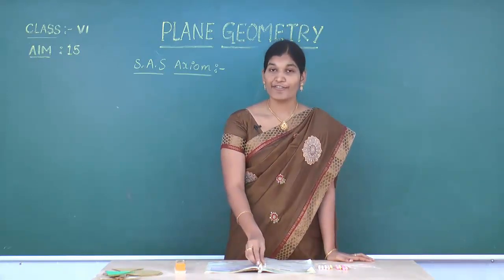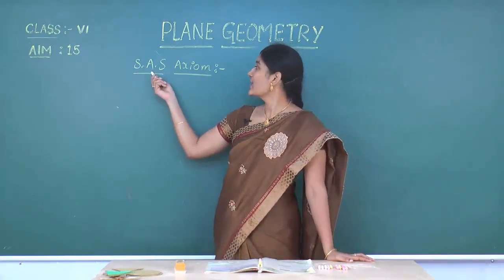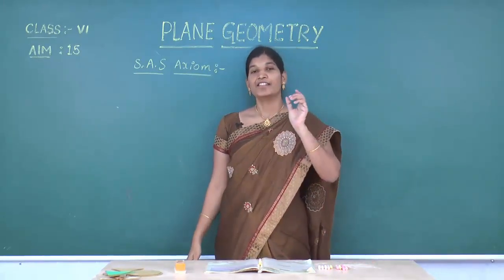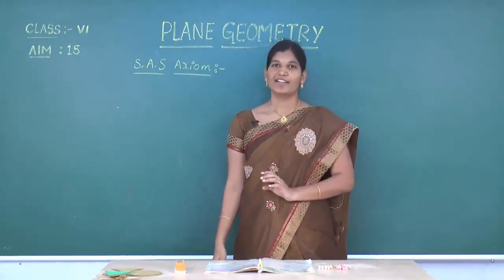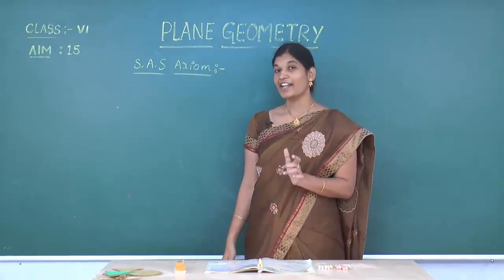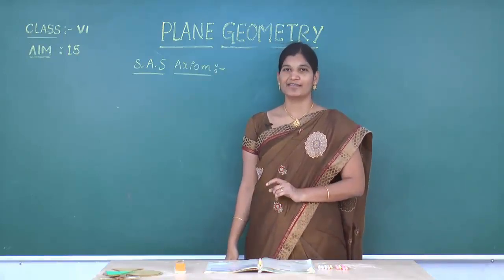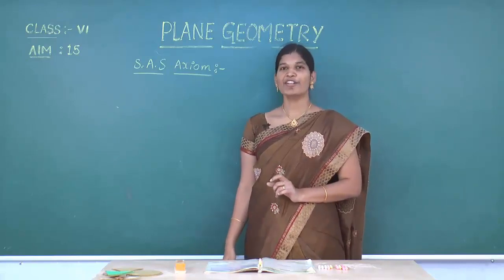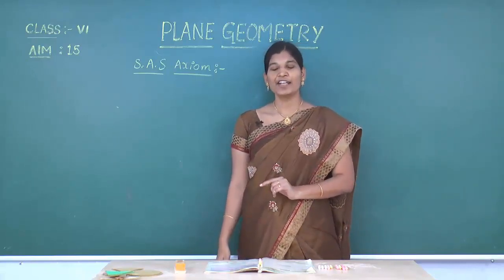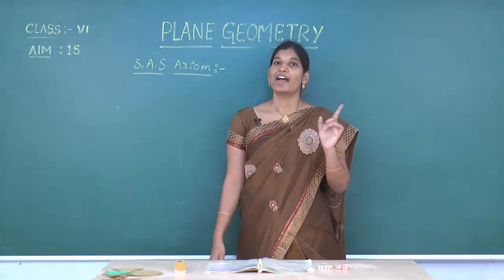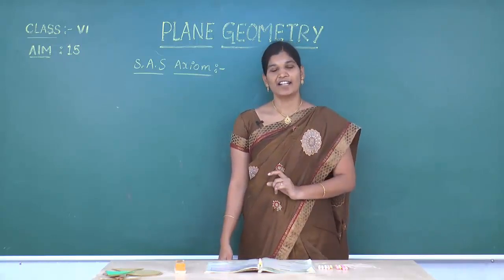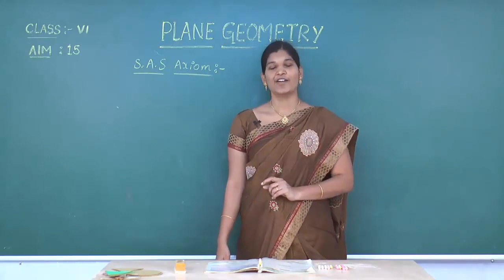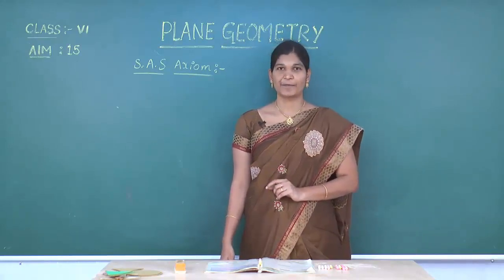Among them, the first one is the SAS axiom, which means that in a triangle, two sides and the included angle will be equal to the corresponding two sides and included angle of another triangle respectively. Then we can say those two triangles are congruent triangles.